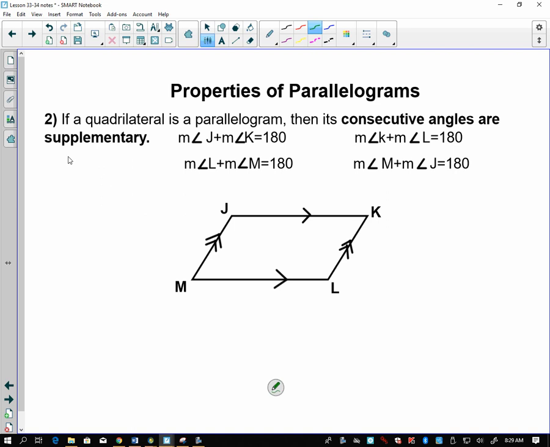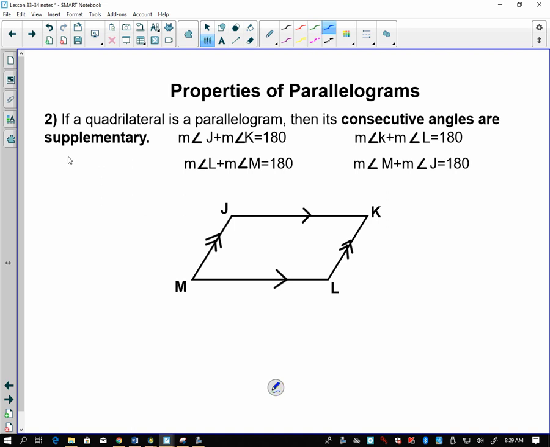So basically, think about it this way. We know what opposite angles are. Those are angles that are diagonal from each other. We tend to forget what angles are consecutive. Let me keep it easy for you: if they're not opposite, they're consecutive, because there's only so many angle options in a 4-angle shape, correct?